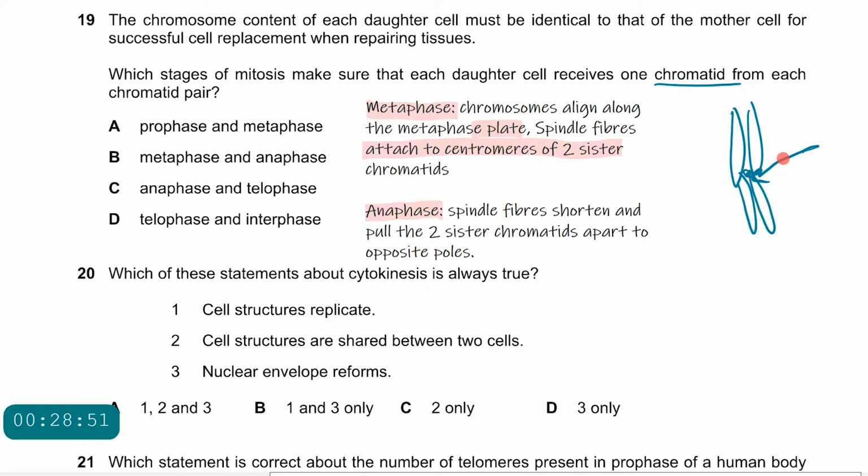They attach right here. During anaphase, the spindle fibers shorten and pull the two sister chromatids apart to the opposite poles, totally like this. Therefore, the stages of mitosis that make sure that each daughter cell receives one chromatid from each chromatid pair must be metaphase and anaphase. Therefore, the answer is B.